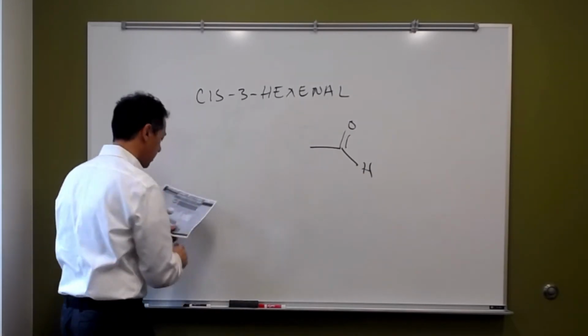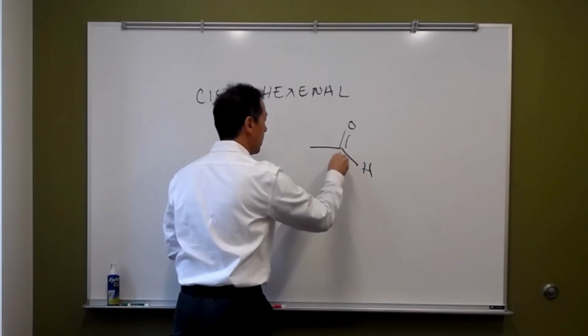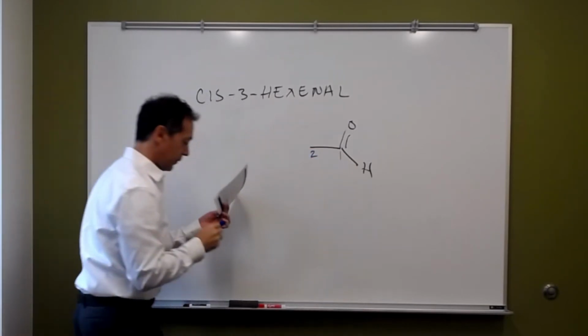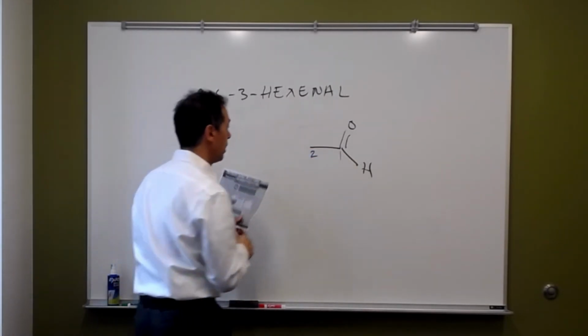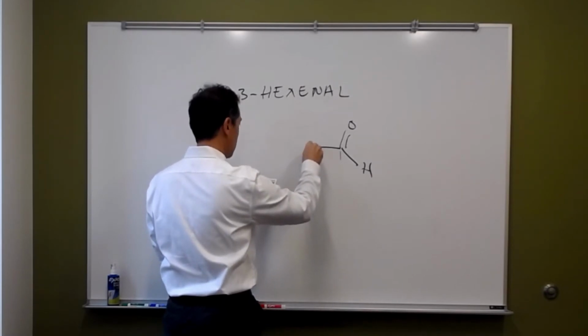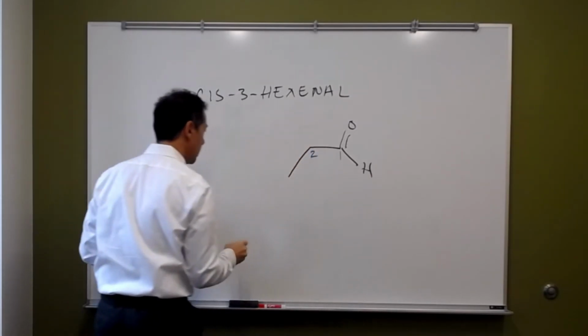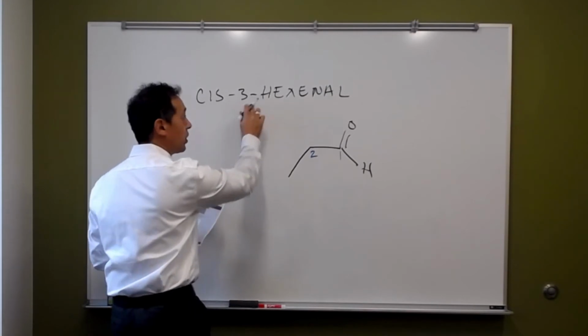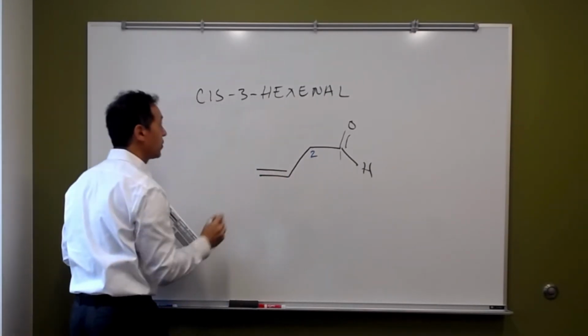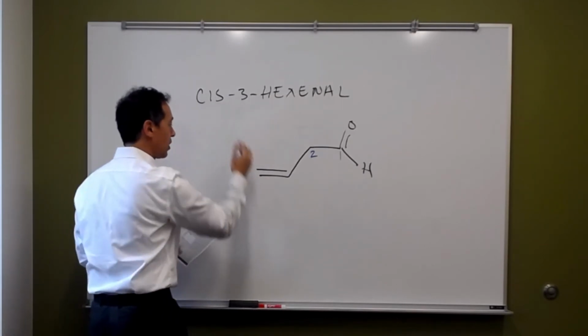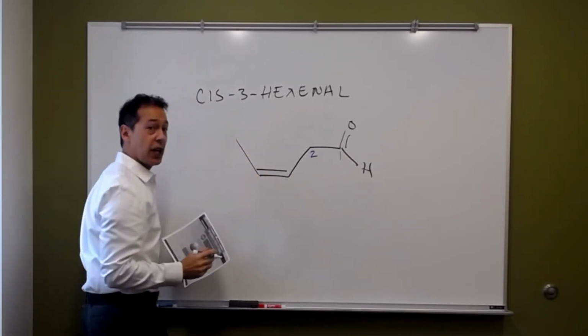Now my carbons, this is going to be 1, 2. Okay, 2 carbons here so far. And I need to have a total of 6. So I'm going to go like this here. All right, there's 3. And then remember, after the 3rd carbon is our double bond. So double bond like this, and it's cis, so it means the carbons come back up the same side like this.